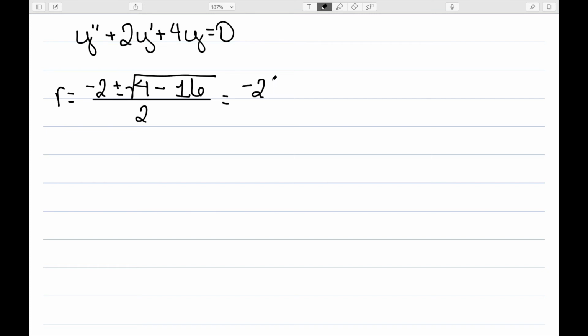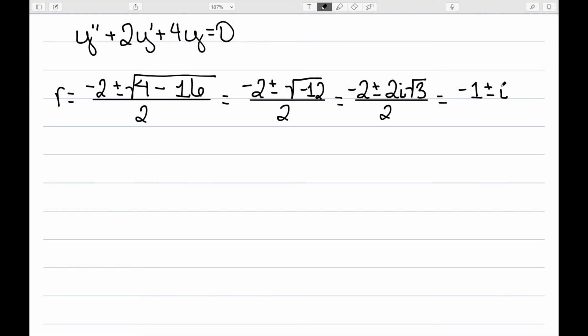This gives me negative 2 plus or minus the square root of negative 12 over 2. This is the same thing as negative 2 plus or minus 2i root 3 once we simplify that square root, all over 2. So negative 1 plus or minus i root 3.